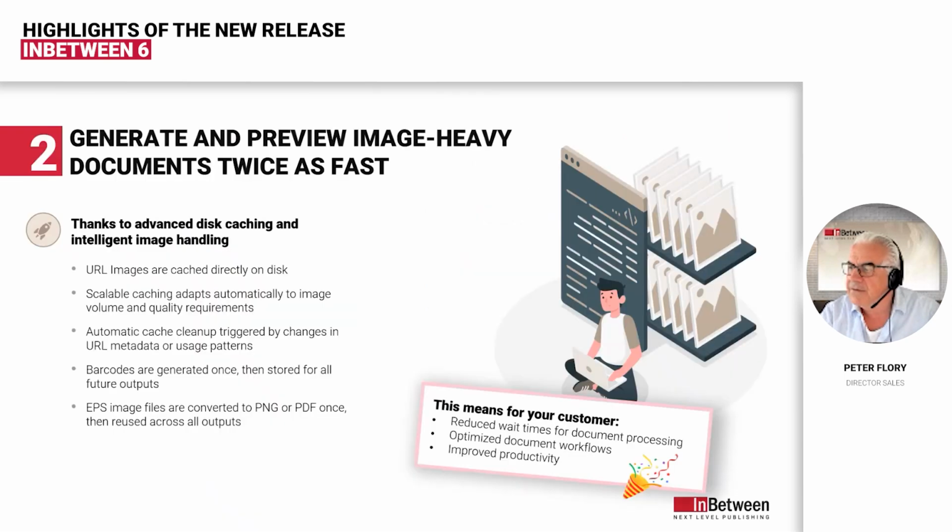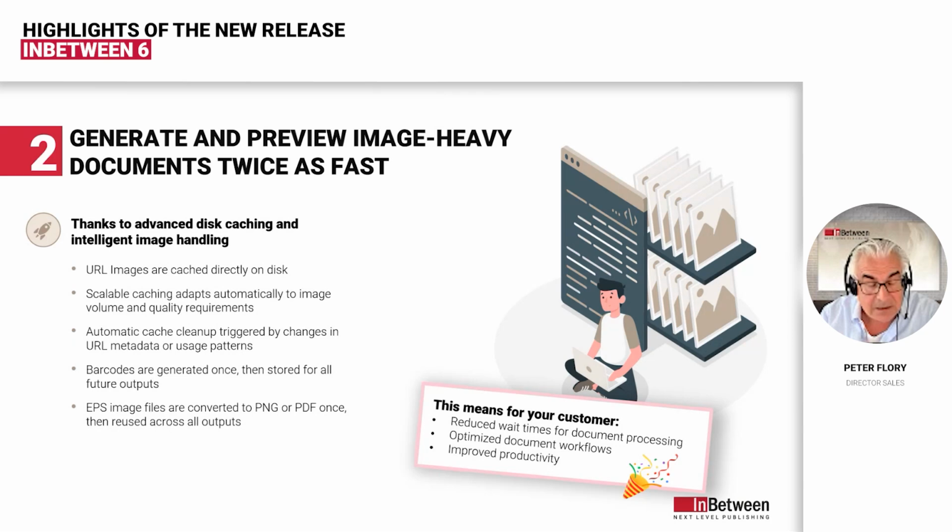A few other important points or new aspects with InBetween 6. We are spending a lot of effort on performance. One part of performance we've definitely improved is the caching and intelligent image handling mechanism. Now we cache images directly on disk.